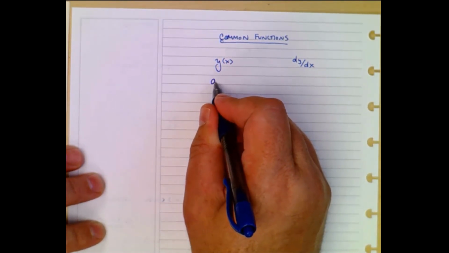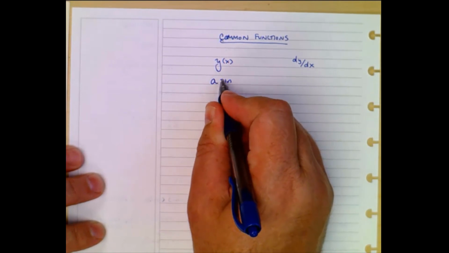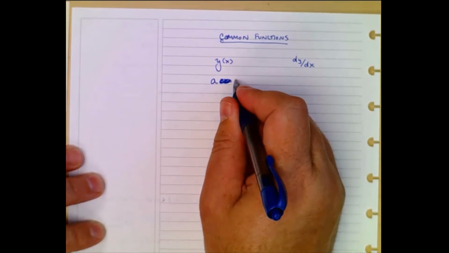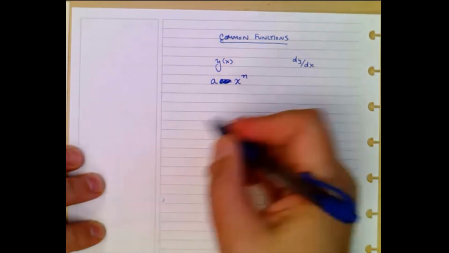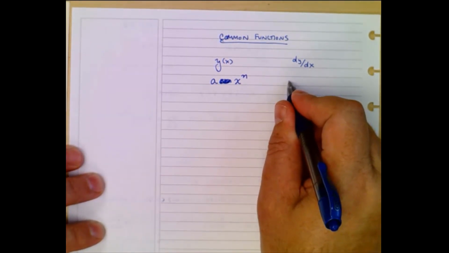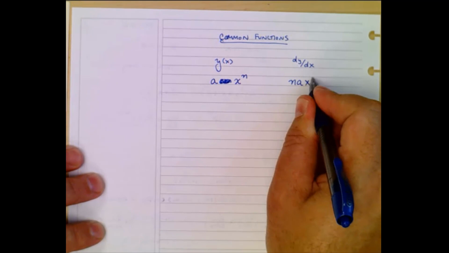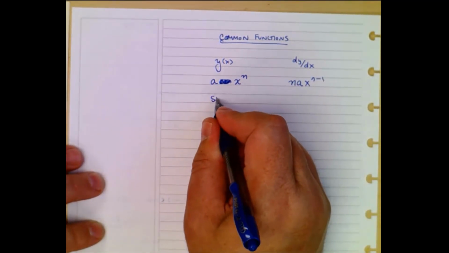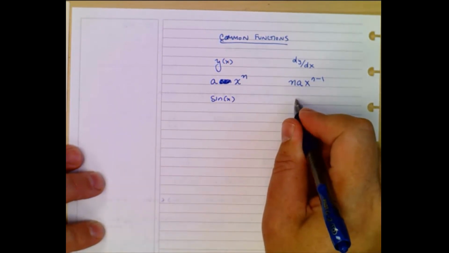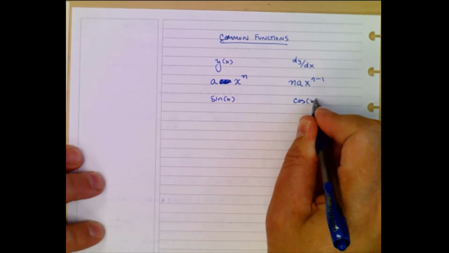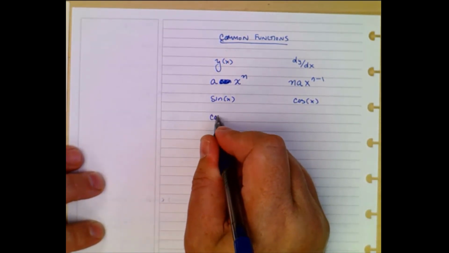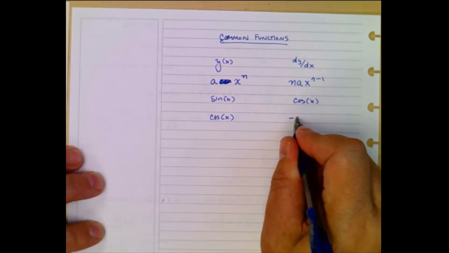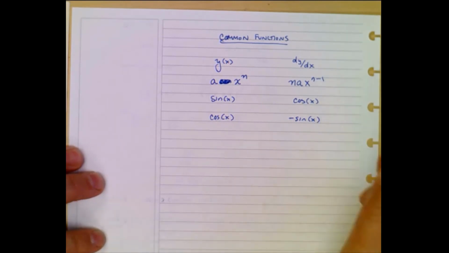If y is a times x to the nth power, then dy dx is n a times x to the n minus 1. We did that today. If y is sine of x, then dy dx is cosine of x. And if y is cosine of x, then dy dx is minus sine of x.